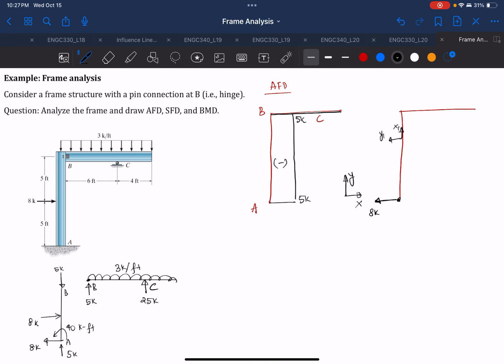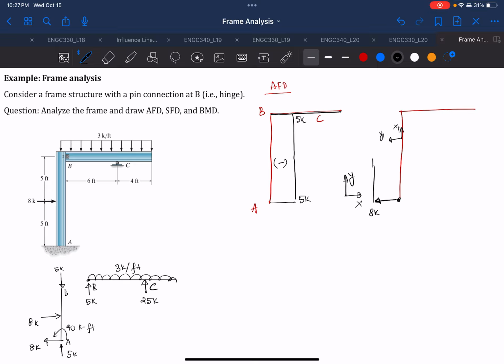And then because there is no external force in between A and the point load, we have learned that if there's no force in between A and the point load 8K, the slope of the shear force will be equal to 0, which means that the shear force will be a straight line.